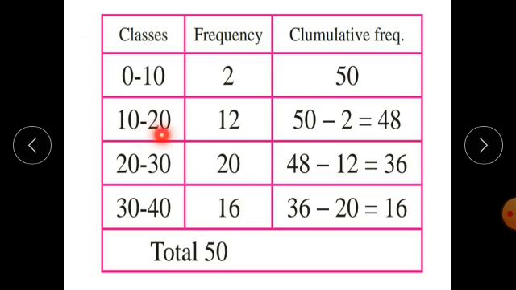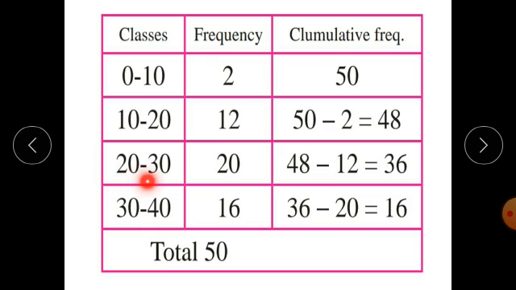For the class 10 to 20, frequency is 12. So more than or equal to type cumulative frequency is 50 minus 2, equal to 48.